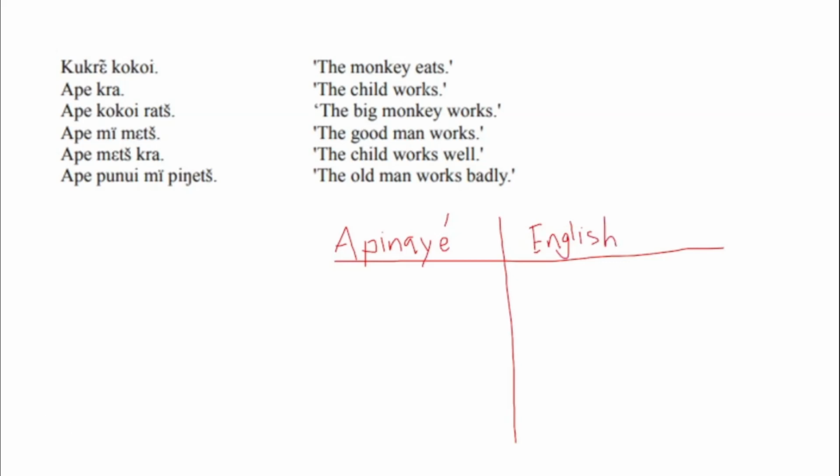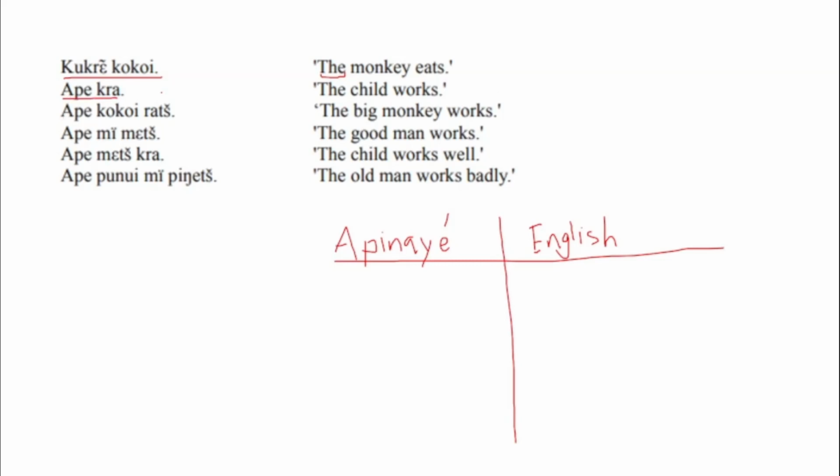So our first sentence, we have the monkey eats, and I can't really get much from the first sentence because we know that there's 2 words, so I guess there's no article. I'm assuming that there's no article the in the language, or it's just modified into the word. So next sentence, we have the child works.